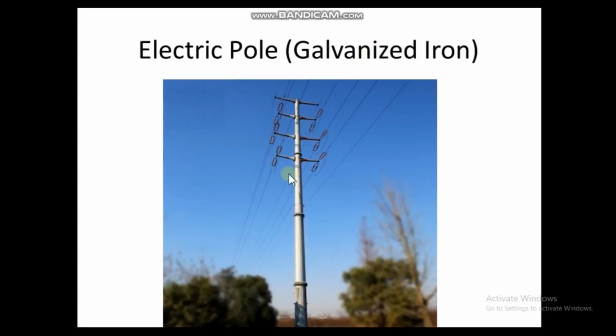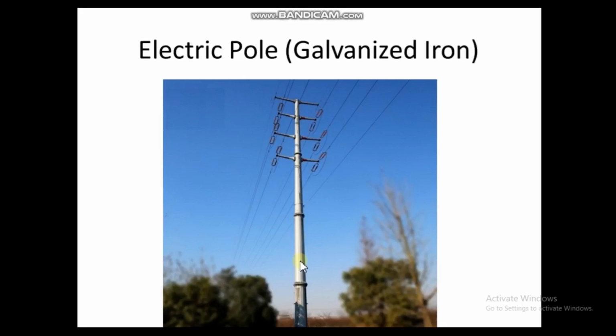They are not like normal iron, and you can observe that these iron poles do not get rusted easily, because they are galvanized iron. So this is a little different. For an electric pole, the iron is coated with zinc.